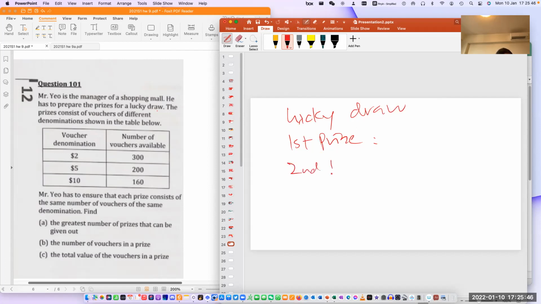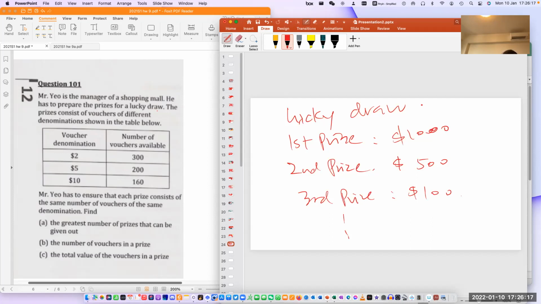And then of course the second prize, and then it's smaller. So let's say this is $1,000, and this is, I don't know, 500. I'm just giving you an example. So this will be 100, and maybe they will stop at the third prize. So this is the general idea of lucky draw and the prizes for a lucky draw.